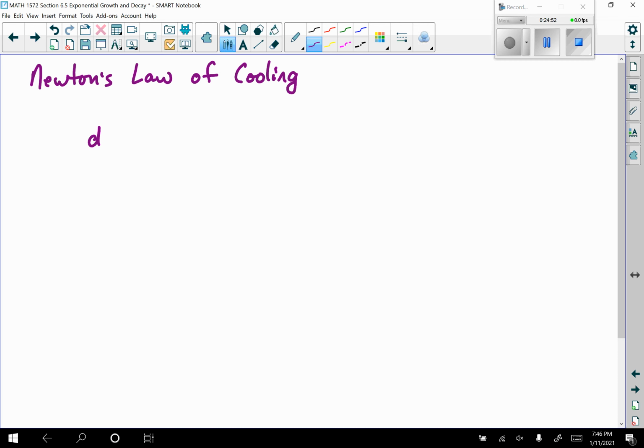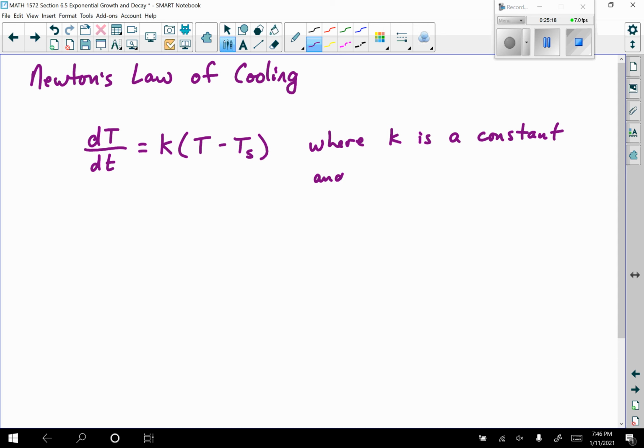We're going to say dT over dt, so capital T is going to be the temperature, and lowercase t is time. So this is going to equal k times T minus T sub s, where k is a constant and T sub s is the temperature of the surroundings of the object.